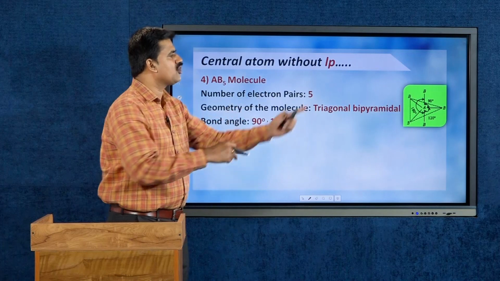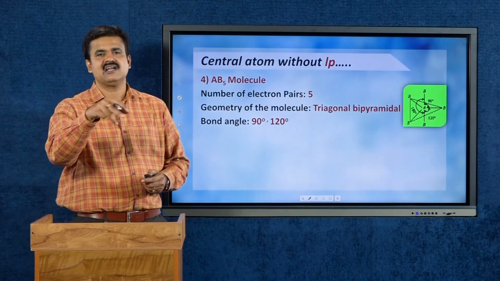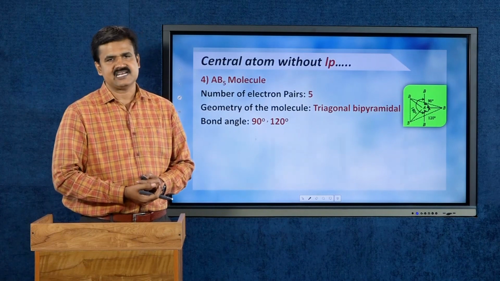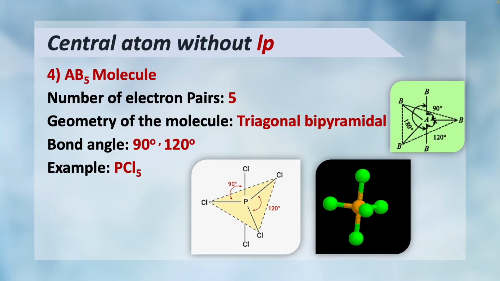The in-plane bond angle, that is the bond angle in the triangle arrangement, is 120, and the other angle is 90 degree. The typical example for this molecule is shown here. It is nothing but PCl5 molecule. Here there are 2 bond angles, and the illustration is also here. The red colored ball represents the central atom phosphorus, and the green colored balls represent the chlorine atoms. That is the trigonal bipyramidal geometry.